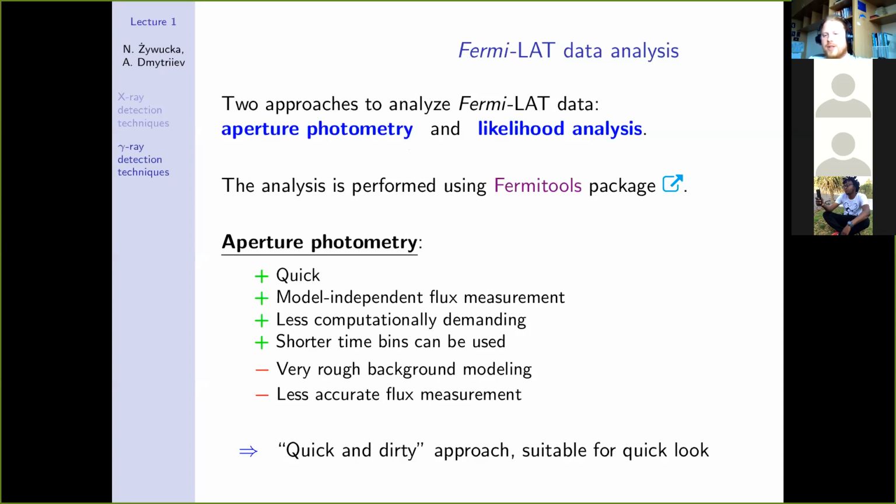So about inverse Compton scattering: inverse Compton scattering is the inverse of Compton scattering. In Compton scattering, the photon is transferring energy to an electron. So the electron is gaining energy and the photon is losing energy. Inverse Compton scattering is the reverse, when a high energy electron is transferring energy to a low energy photon, and the photon is gaining energy.